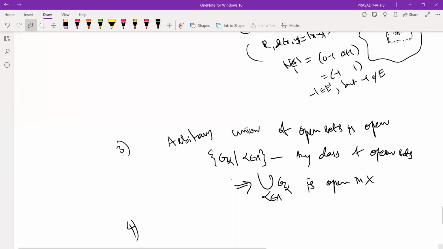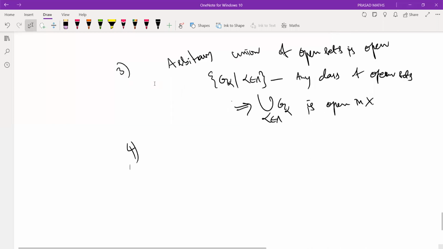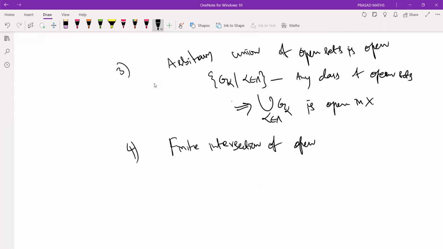Right. Next, finite intersection of open sets is also open. That means you give me any finite collection G1, G2, up to Gn of open sets.